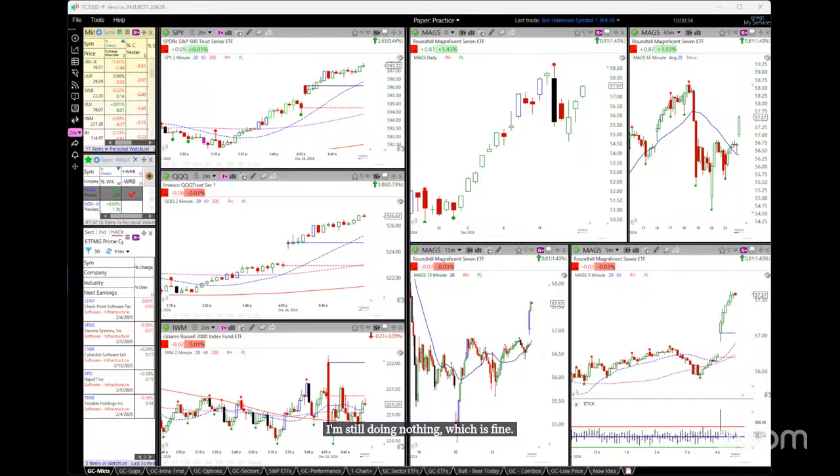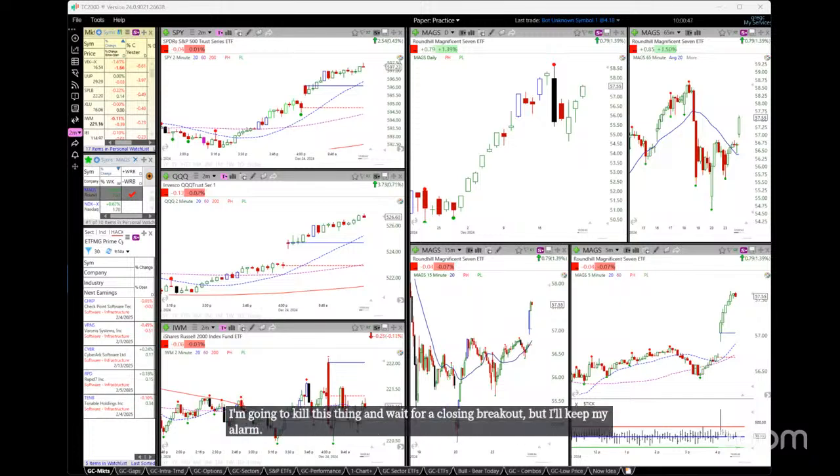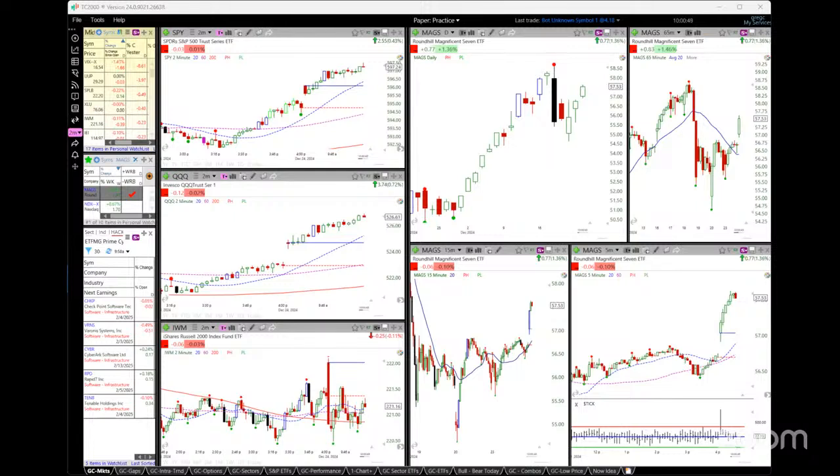Adobe, Eat, CME. I'm gonna kill this thing and wait for a closing breakout, but I'll keep my alarm. Whenever you see multiple topping tails, then I don't like to go in unless it's a closing breakout.